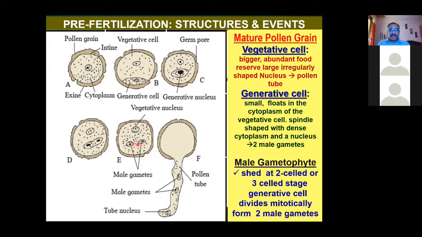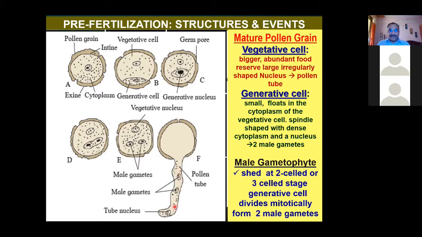Slowly these male gametes also will be transferred into the pollen tube. The nucleus which is going ahead will be the tube nucleus, but that will be disorganized later, and these two male gametes will remain for the entry into the ovule for fertilizing with the egg.